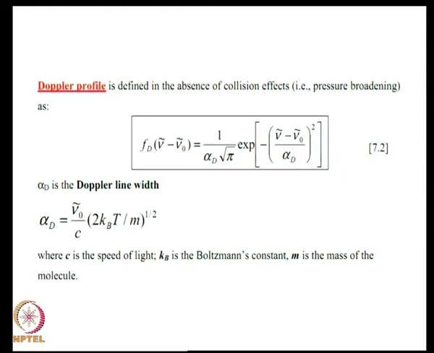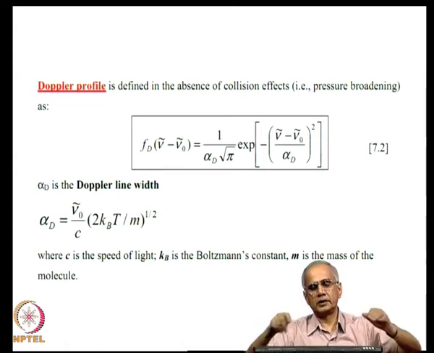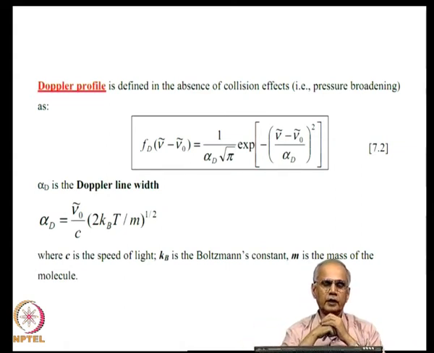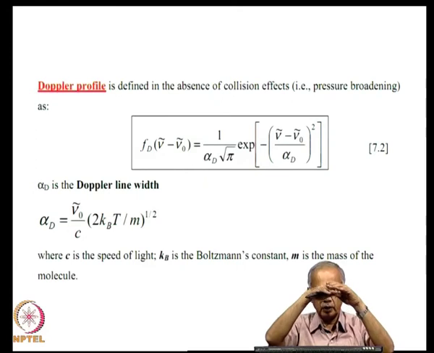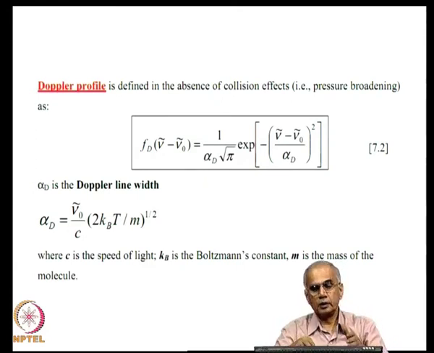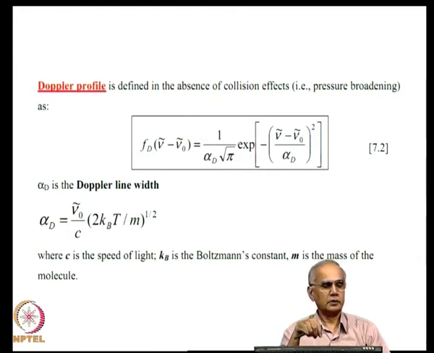This is very different from the function seen in the case of pressure broadening, where the line is smoothened to a 1 by 1 plus x squared kind of dependence. So, you expect that Doppler broadening will bring down the line absorption very rapidly to 0, because of the exponential character of this function.